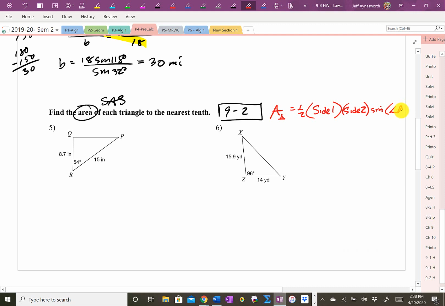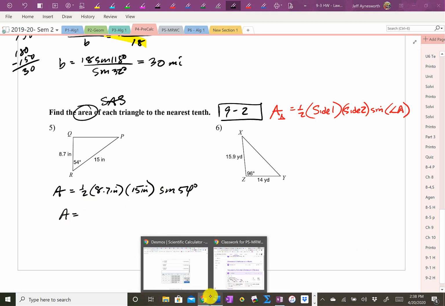So angle A, let's call it in general. That's the included angle. So the sides have to be adjacent and the angle has to be between the two given sides. All right, so let's go for it. So the area here would be 1/2 times 8.7 inches times 15 inches times the sine of 54 degrees. So what would that area be?